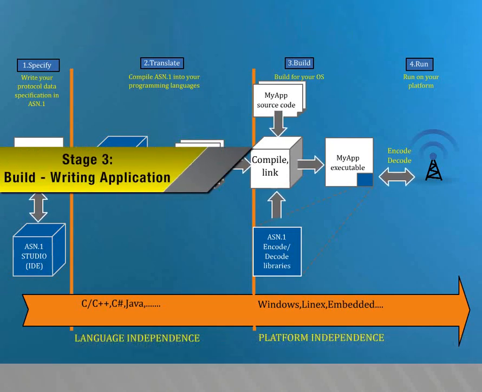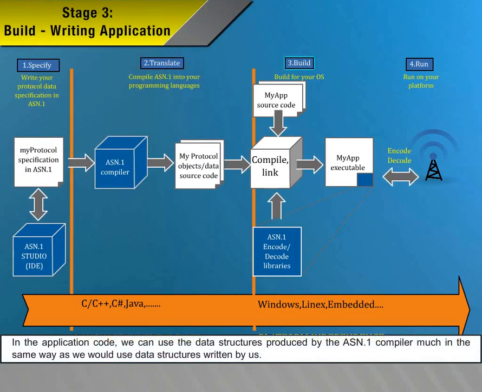Stage 3. Build. Writing application. In the application code, we can use the data structures produced by the ASN.1 compiler much in the same way as we would use data structures written by us.